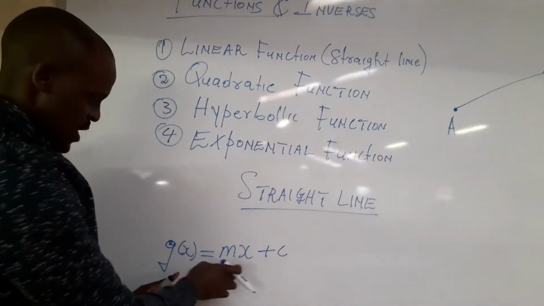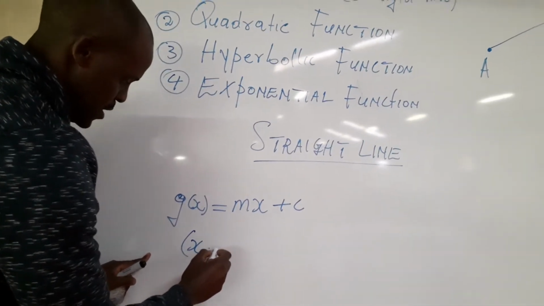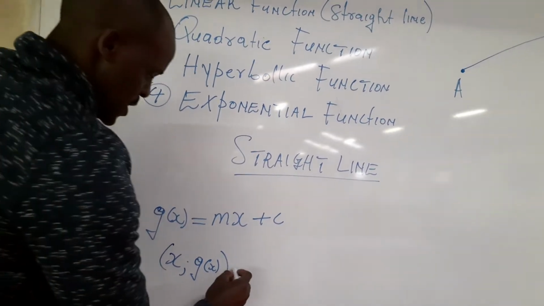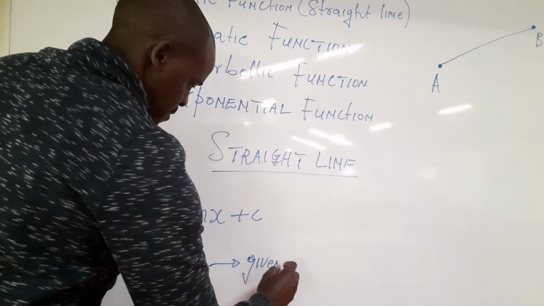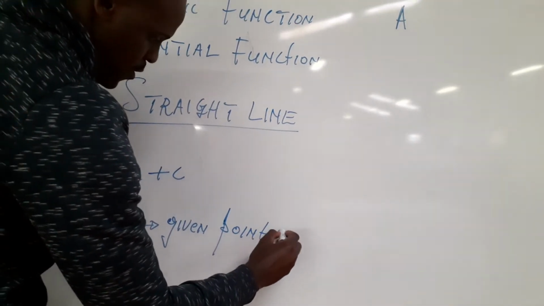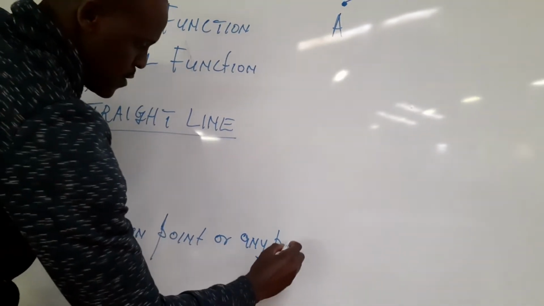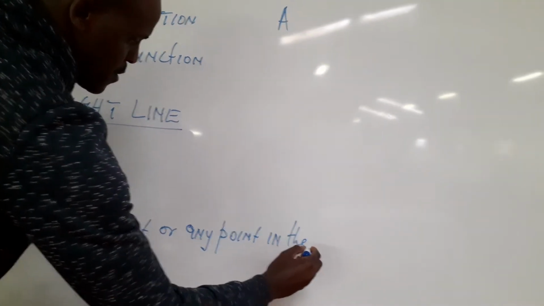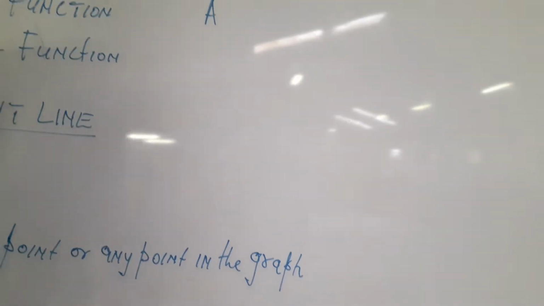Therefore, here we've got g(x) and x. This is a given point, or any point in a graph.